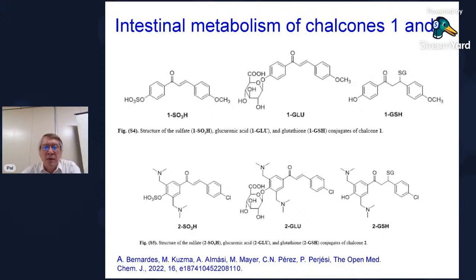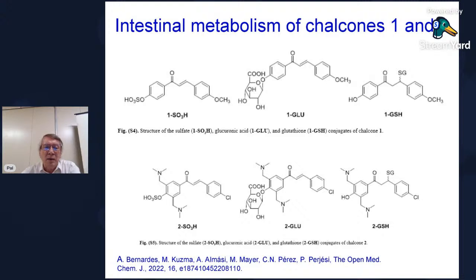While analyzing the intestinal samples, we identified by mass spectrometric derivatization the sulfate derivative of the non-Mannich chalcone, the glucuronic acid derivative of the non-Mannich chalcone, and the glutathione conjugate of it. And we were able to identify the same kind of derivatives in the case of the Mannich chalcones too.